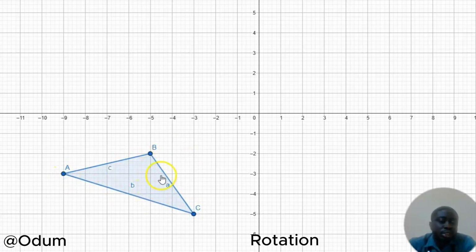We want to do some rotation. Let's say you're going to rotate 270 degrees anti-clockwise. So you select this, then go to the middle.